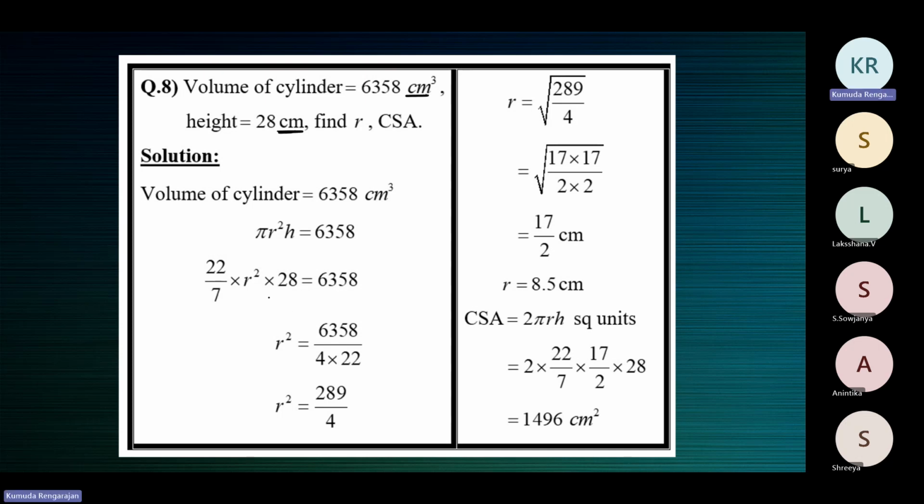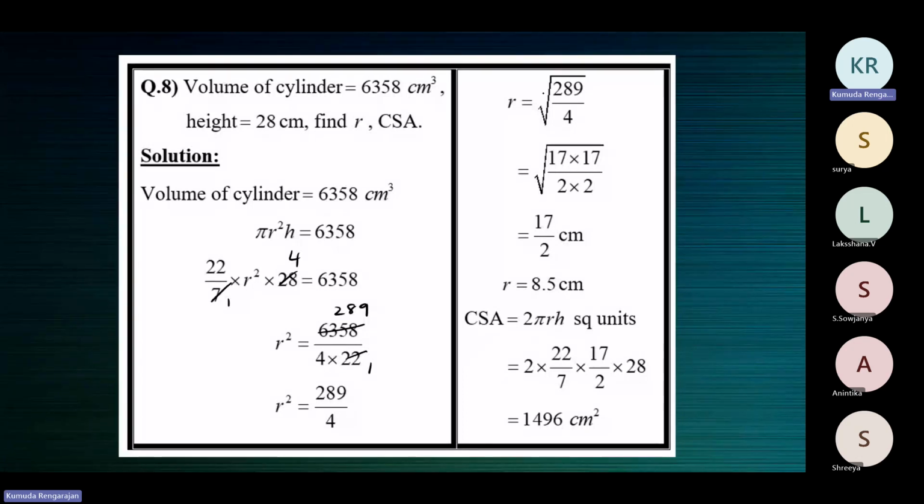So how do you calculate this? 7 ones are 7, 4 sevens are 28. Now this 22 and 4 come to the other side for division. Upon simplifying this, you get 289/4. So r square is equal to 289/4.